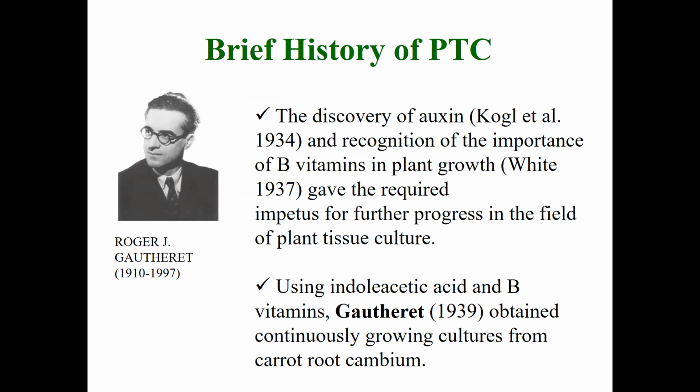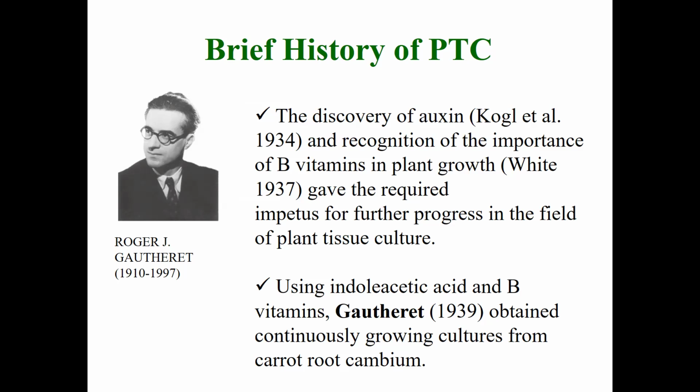I shall tell you, when you culture a plant tissue in the laboratory, not only a nutrient medium, you need to add appropriate amounts of different phytohormones to trigger shoot and root growth. Auxin is really the most famous phytohormone, plant hormone.